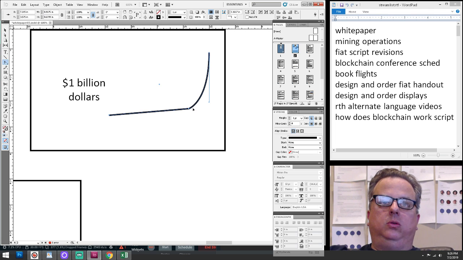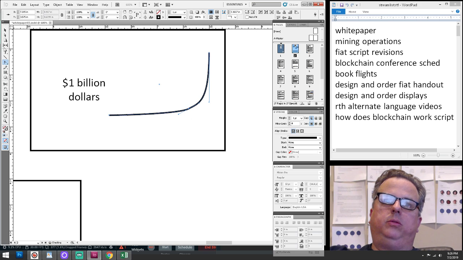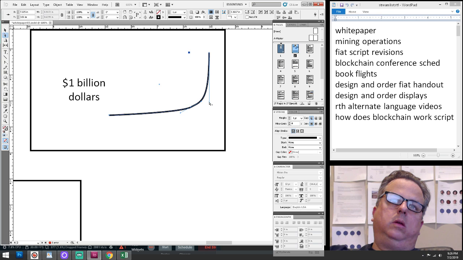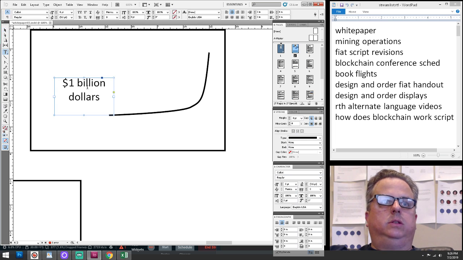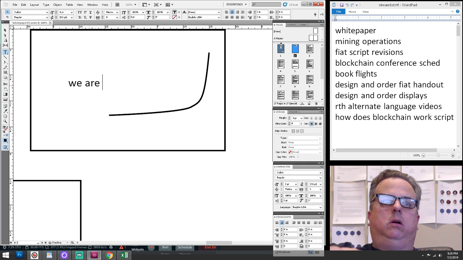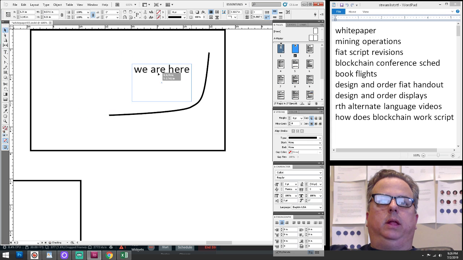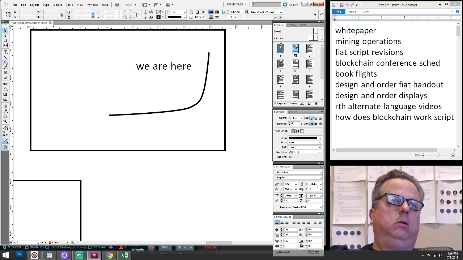Convert direction point tool. There we go. Whoops. Okay, so that's good enough for now. And then we're going to change this to say we are here, and there'll be like an arrow.